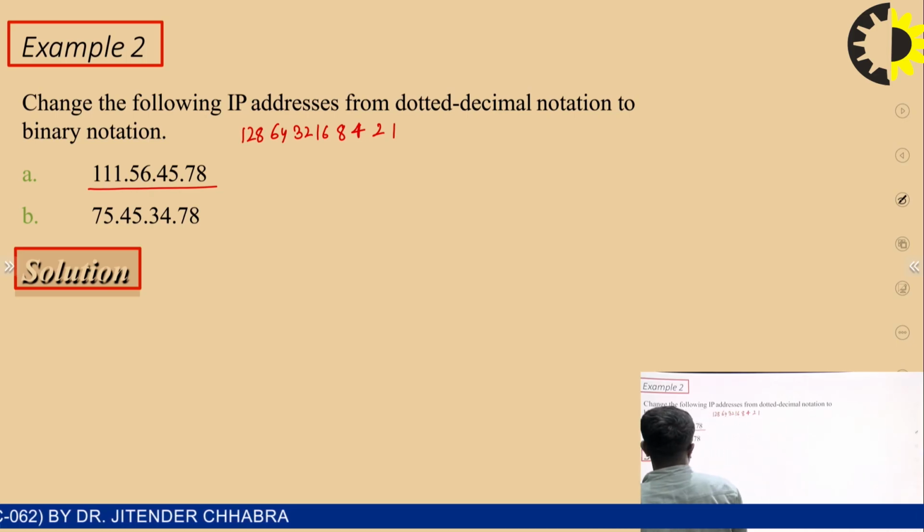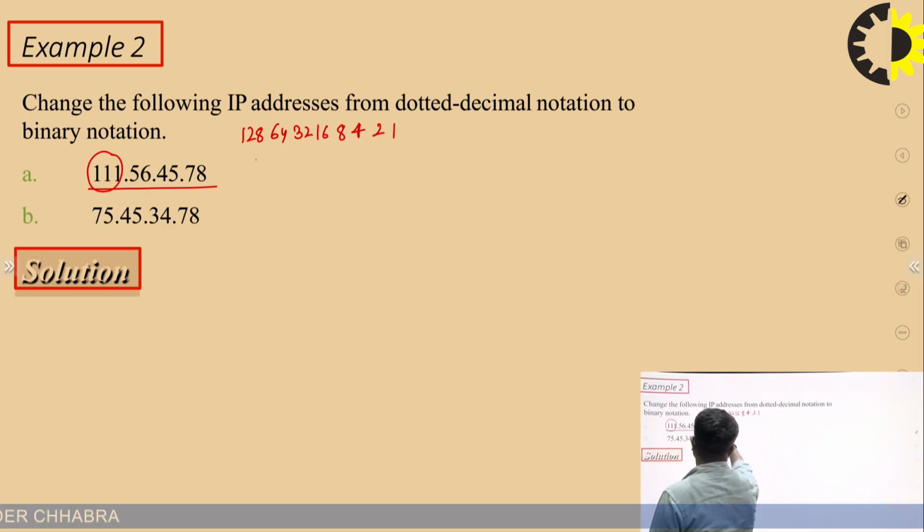So to have 128, for having this triple one, we would not be requiring this.